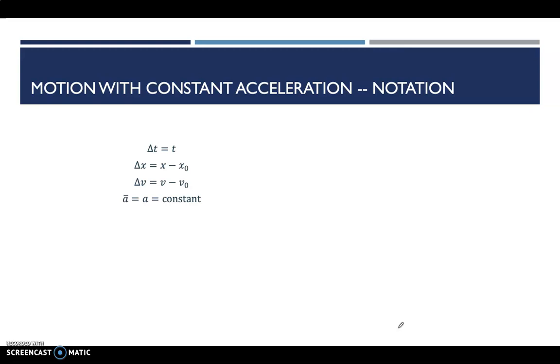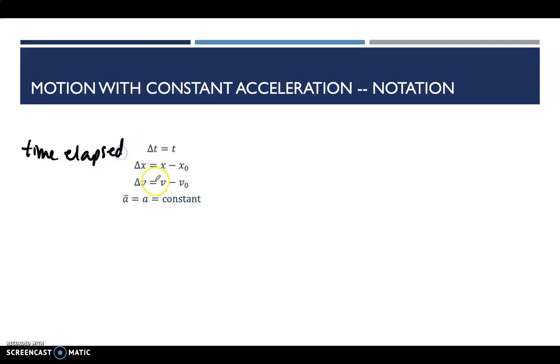Okay, and we're going to look at notation here. We're just going to call delta t just t, because usually when we're looking at the change in time, it's just going to be the time elapsed.